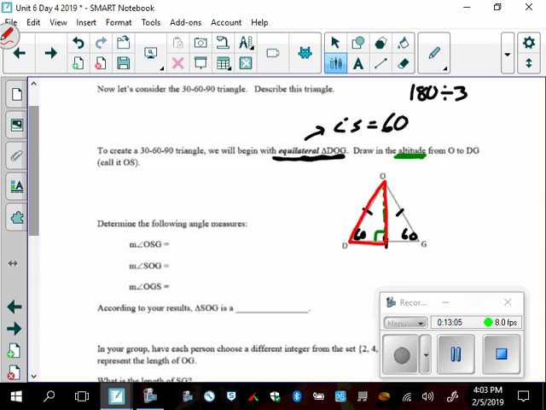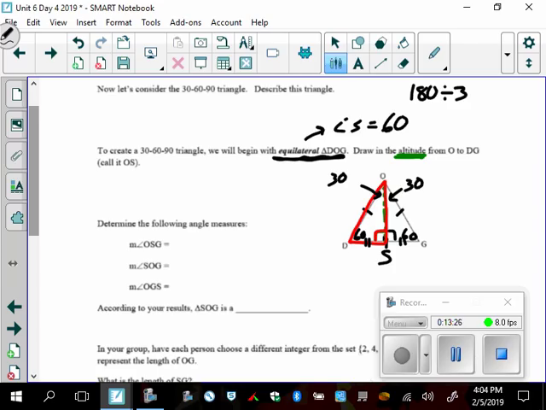And I got 60, I got 90. So that means right here has to be 30. On the other side, I get 60, 90. That means right here has to be 30. Okay, and this also is a bisector. So both of those little pieces, D to S and S to G, need to be the same.